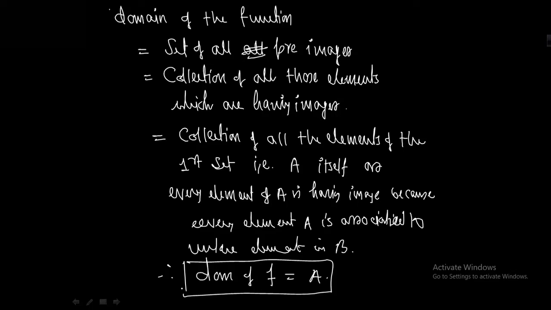Now if I tell you that I define a function f like this, I told you f is a function from R to R. That means from the set of reals to the set of reals.